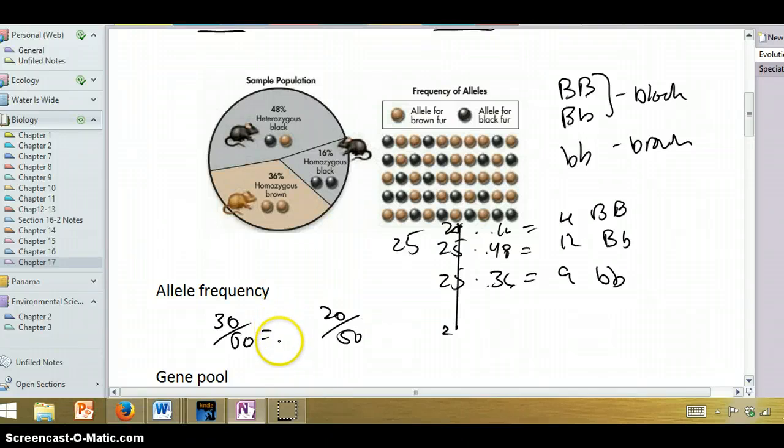So essentially 60% are little b, which would mean 40% are big B in this population. That would be the allele frequency for this population.